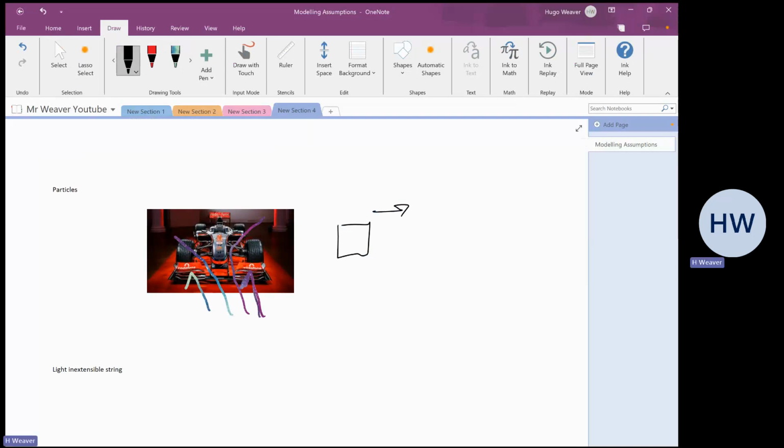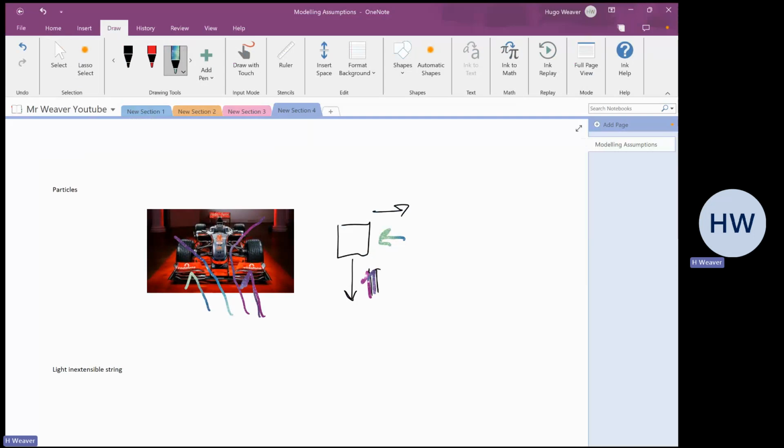It's just moving without any resistance. Similarly, if it's falling downwards, again, it's got no resistance. So it's still under gravity. The gravity's working, but there's no air resistance pushing it back up, or likewise with the car moving across, it's not trying to push it back. So whenever it's modelled as a particle, the assumption is that there's no air resistance or any other resistance working on it.